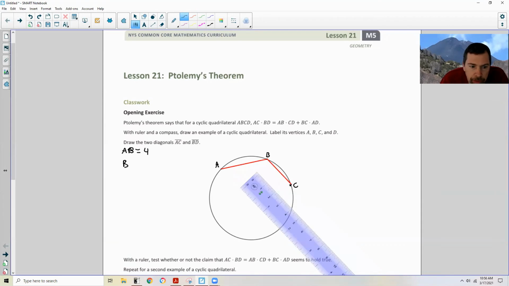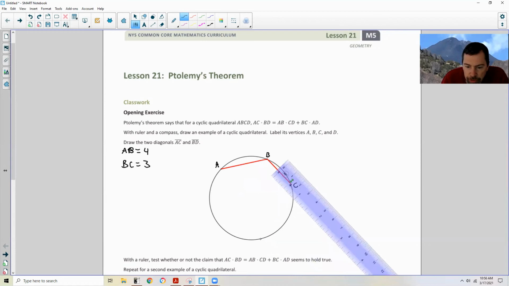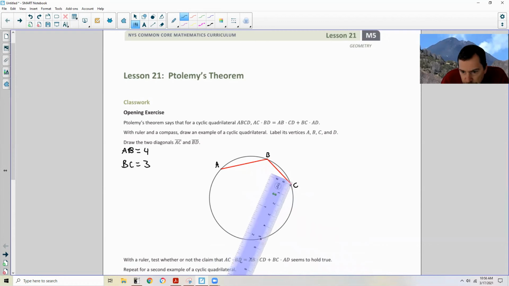So BC equals 3. And then if I draw another point somewhere on the other side of the circle, maybe down here, it doesn't matter. Maybe I'll move that in a moment, but I'm just going to try to find a third integer value.